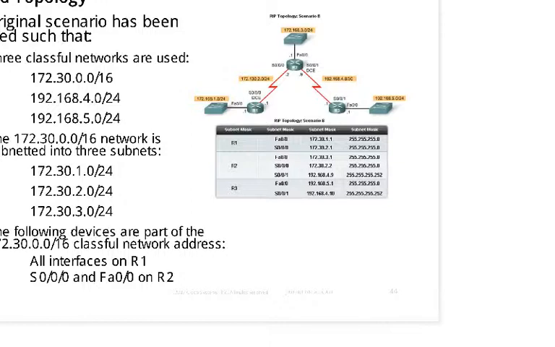Okay? So for example, in this example, the first thing we notice is that the IP addresses have been modified. So it's not 192.168.something anymore. We have 192 here, and we have 172 here. 172 is class A or B or C?